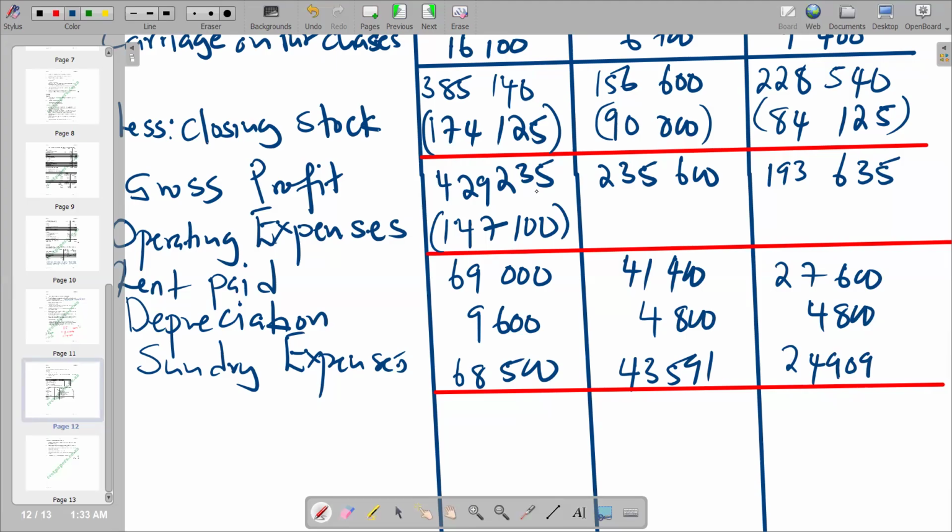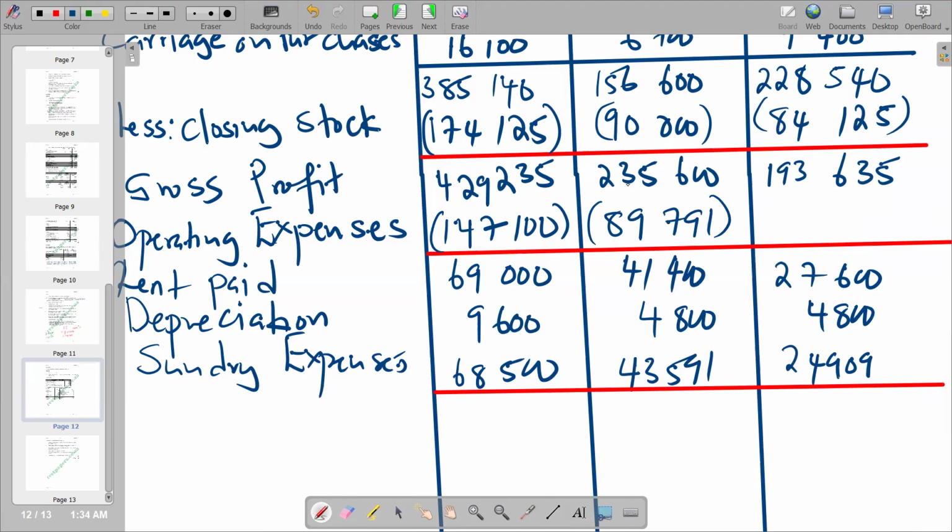We add the three figures that we have, whereby say put 1,400 plus 4,800. And then we also add 43,591. And then you're going to get it as 89,791. Then we add again in the last column, whereby we have 27,600. We add 4,800.